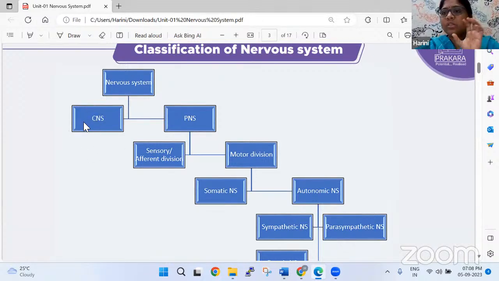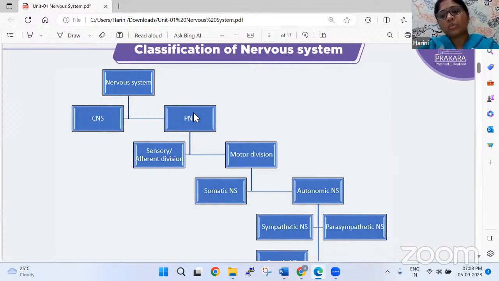All the other parts carry information to the brain and spinal cord, and function according to the information integrated by them, coordinated by the peripheral nervous system.